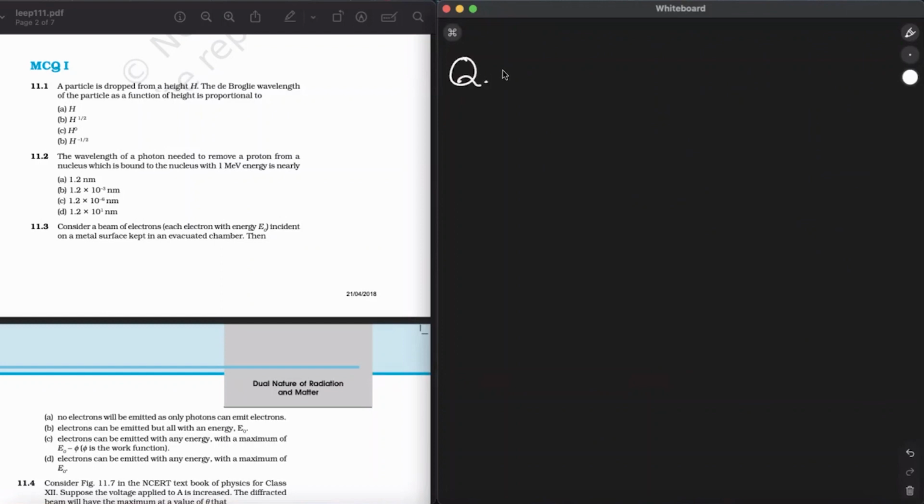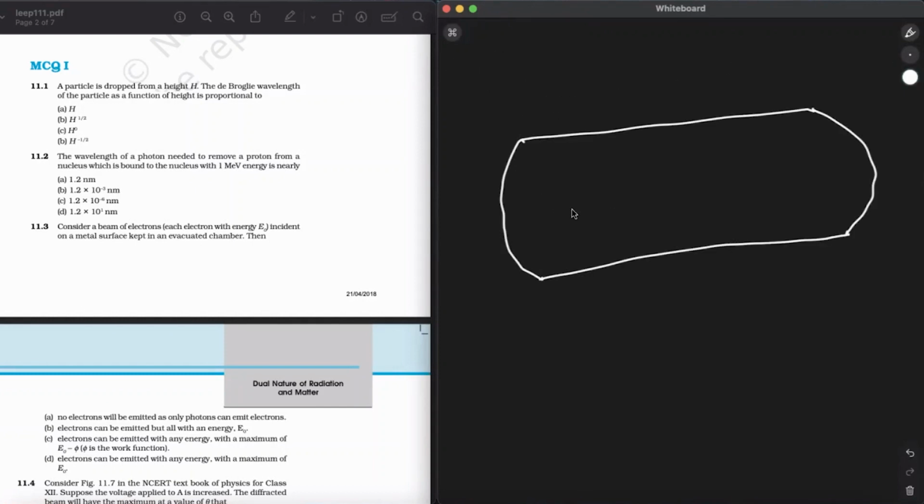So moving onwards with question number 3. They have asked us to consider a beam of electrons incident on a metal surface kept in an evacuated chamber. If I draw it, it should look something like this. There is a disk right here, and there's a disk over here.